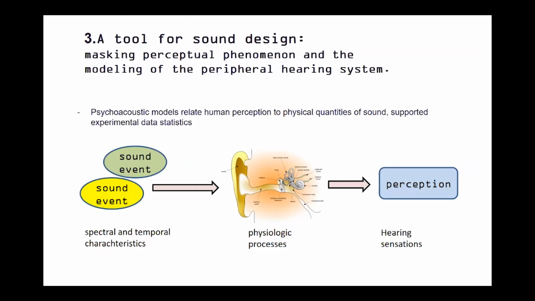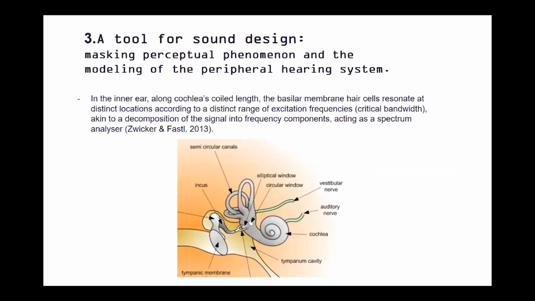Psychoacoustic models are based on experimental data, lots of it, and they relate physical properties of the sound event with our perception, so hearing sensations. Masking is a hearing sensation, and interference as well, and loudness as well. So this is the type of perception we are dealing with here. It all happens in our hearing system. A sound comes in and travels along our hearing system, our ear canal, and in the cochlea.